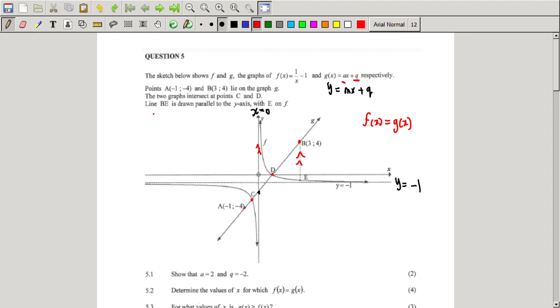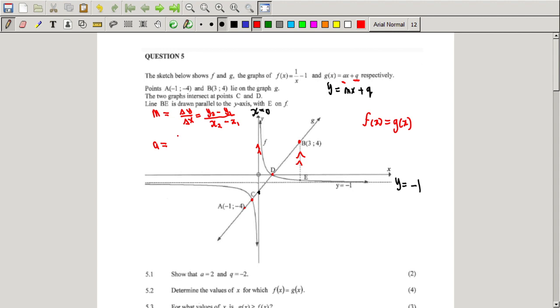The formula for calculating the gradient or the slope is change in y divided by change in x, which is essentially y2 minus y1 divided by x2 minus x1. So now to calculate the gradient, a is equal to, we can use any of the points.